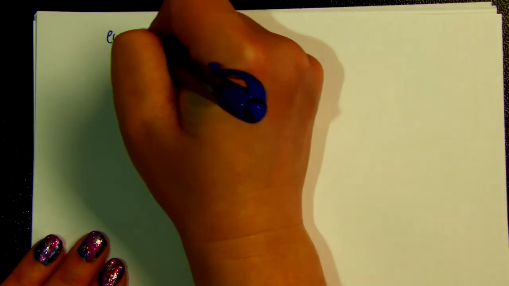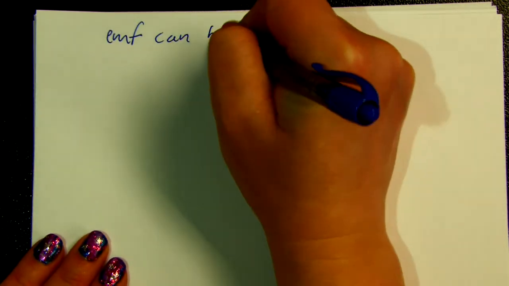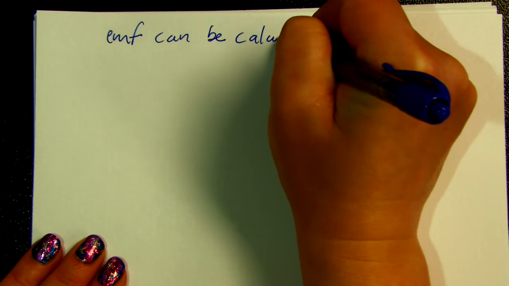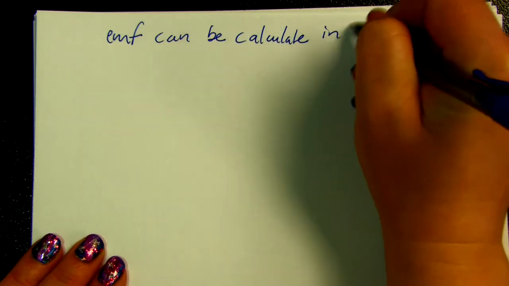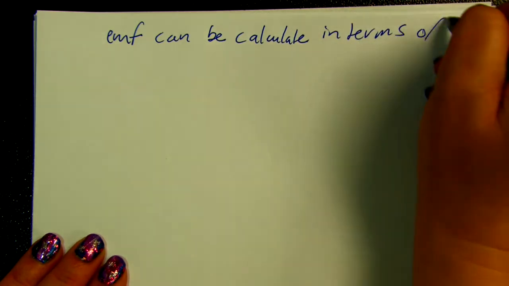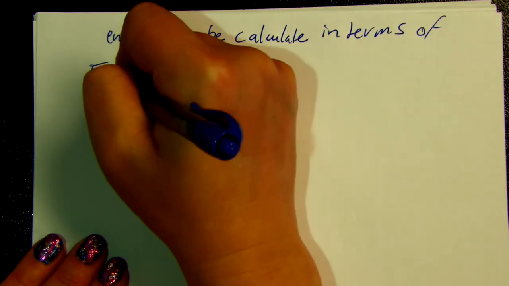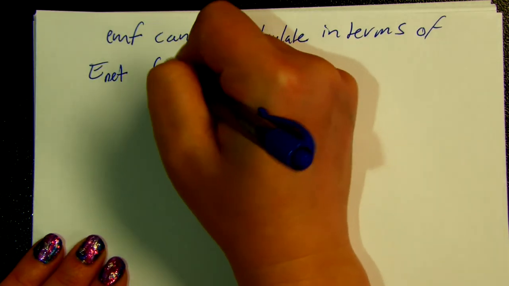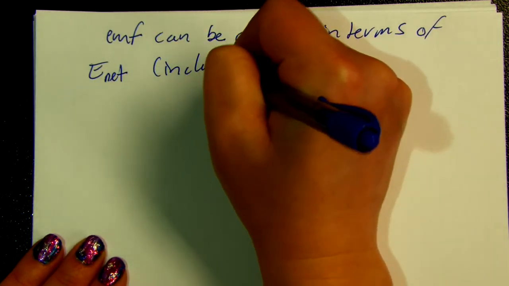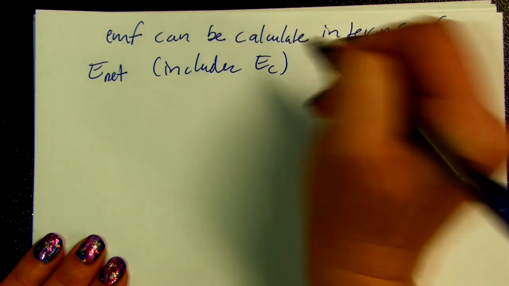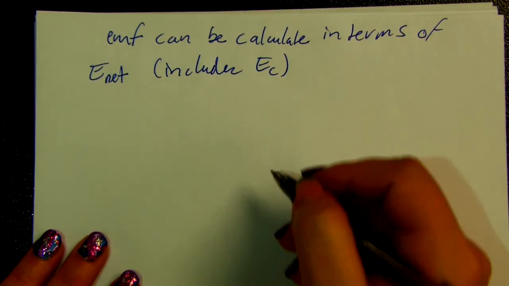So, EMF can actually be calculated in terms of the total electric field E net. And this includes the Coulomb electric field, which would come from a stationary point charge.